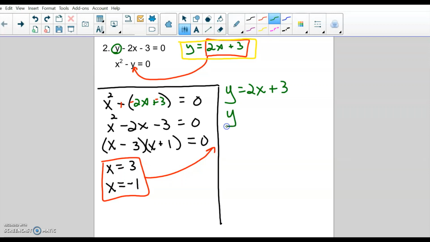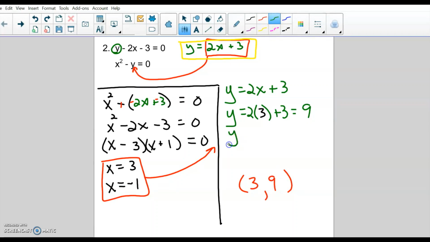So y equals 2 times the first x value, which gives me 2 times 3 is 6 plus 3 is 9. So our first ordered pair, we used a 3 and got a 9.